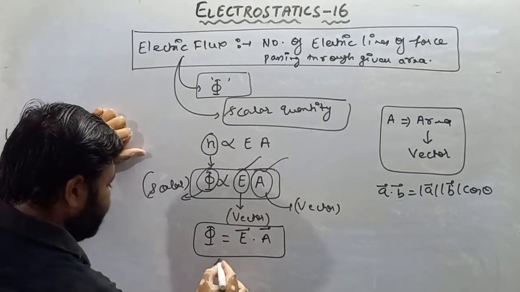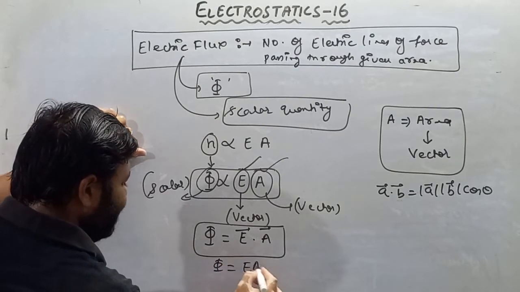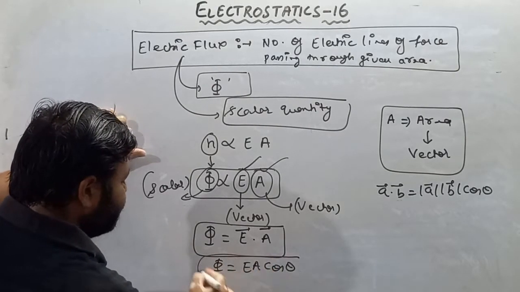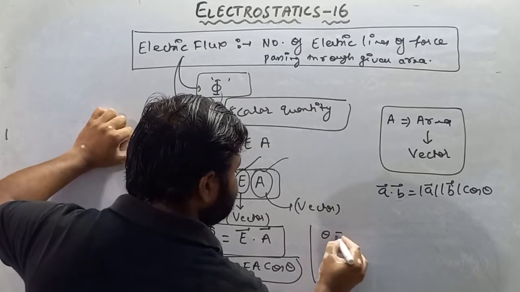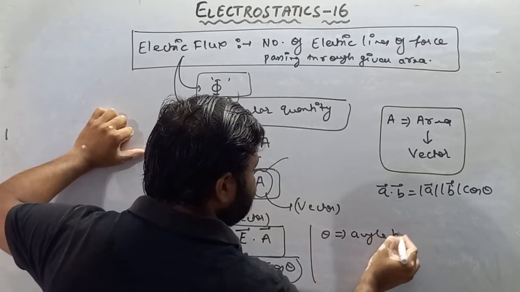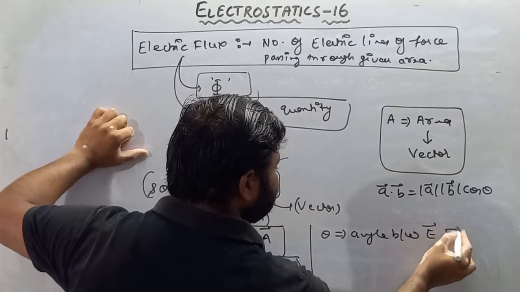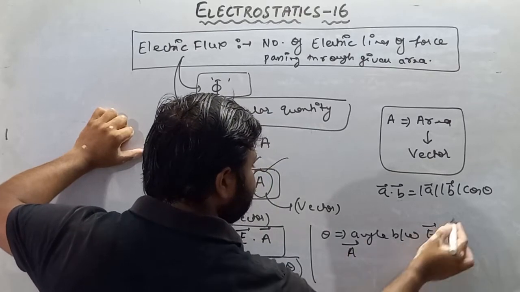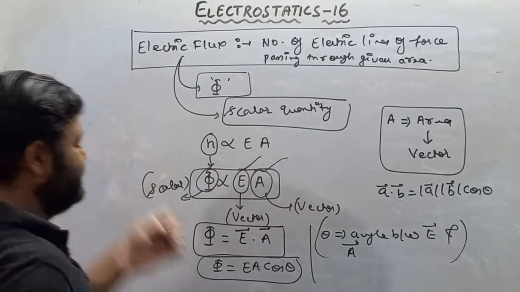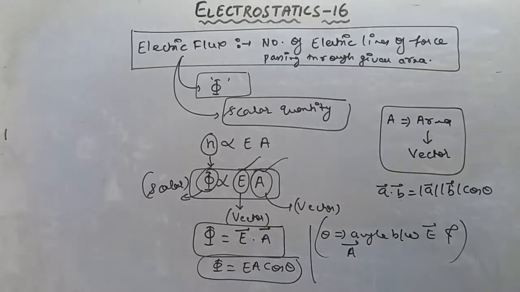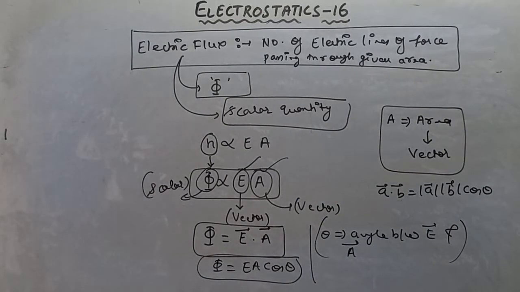So we'll also write it as EA cos theta, where theta is the angle between the electric field vector and area vector. So we'll discuss flux. Flux is nothing but electric lines of force passing through any given area.